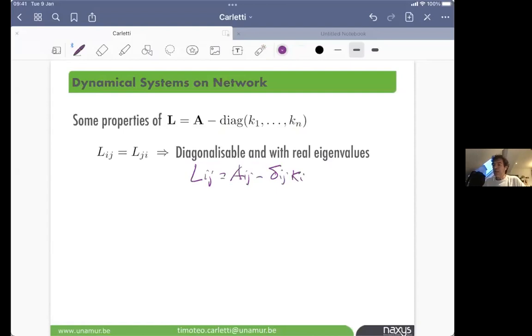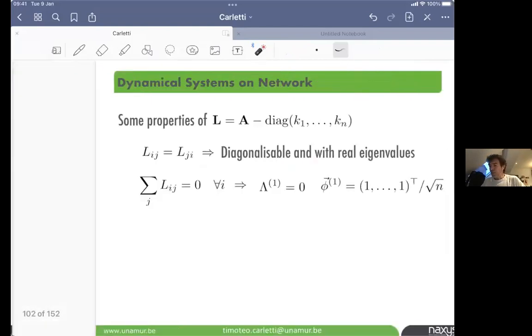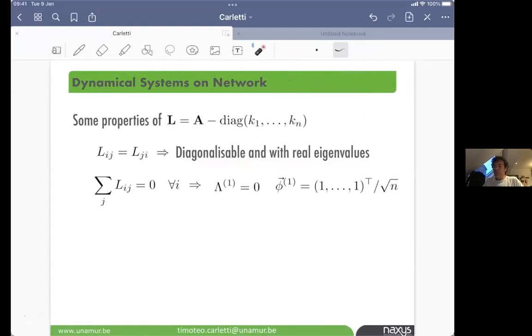The matrix A is symmetric because I suppose the network is not directed, delta is symmetric, k_i is a constant, and so this is symmetric. So you can diagonalize it, and you have real eigenvalues. This is the first part. The second part is that the rows of this matrix sum to zero. It's just a computation, because if you write the sum over j of A_ij minus delta_ij k_i.